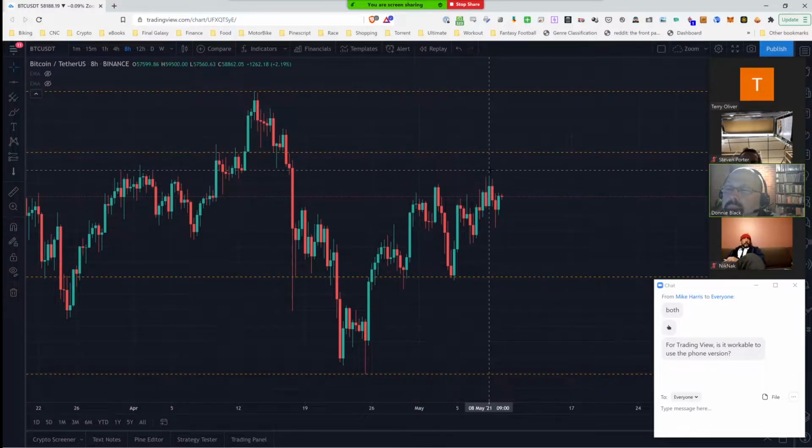So like I was saying, I'd look for my last lowest low on the 8-hour time frame. This was my last lowest low, and then the next highest resistance would be right there.